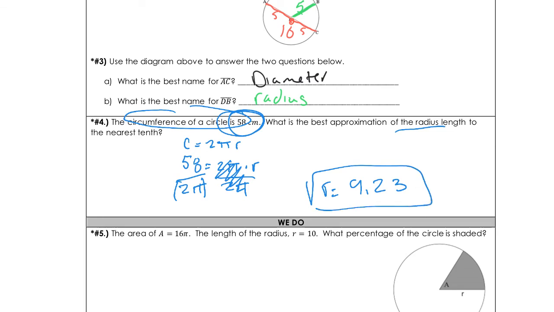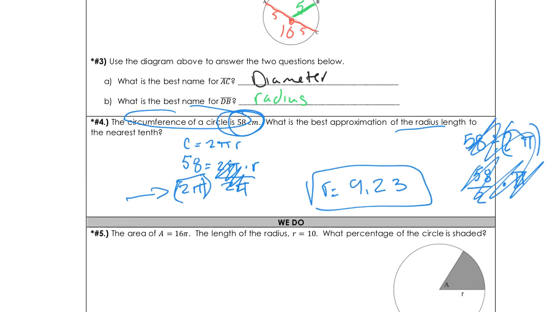A common mistake: if you type in your calculator 58 divided by 2 pi, it's going to read that as 58 divided by 2, times pi. That's not right. We want to have parentheses around this because we want both of them at the bottom, the denominator. So just be careful when you type that in your calculator. Put parentheses around your denominator.